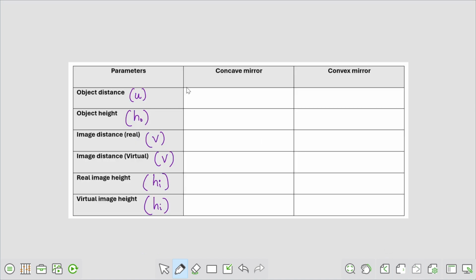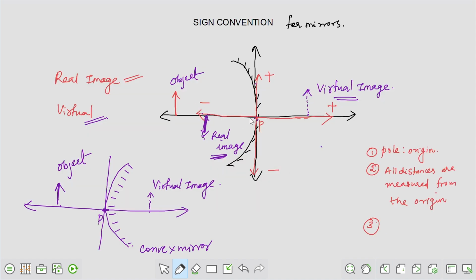Now let's see object distance. Object distance in case of concave mirror as well as convex mirror. Which side of the mirror are we placing the object? Yes, object is always placed at the left side of the mirror. So what is the sign of the distance? I have told you all distances are measured from the origin, that is from the pole.